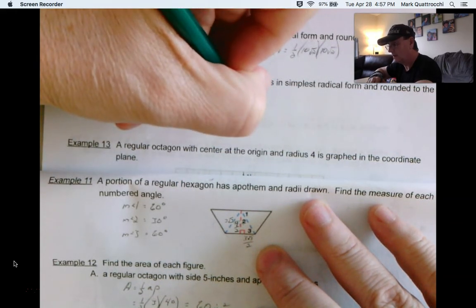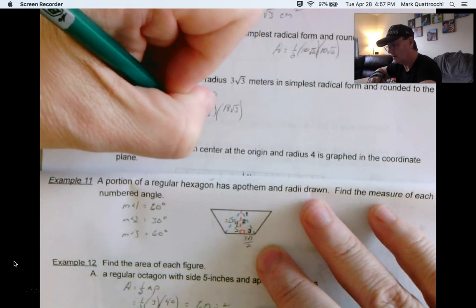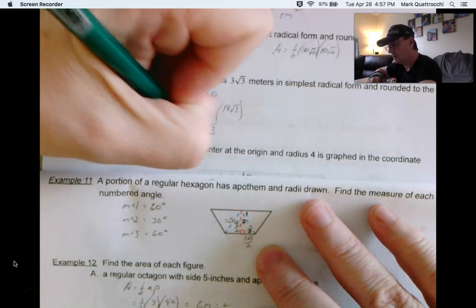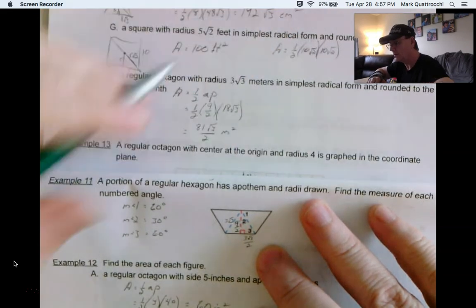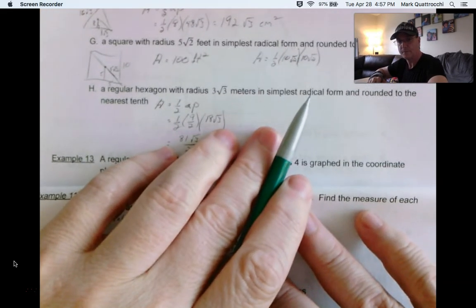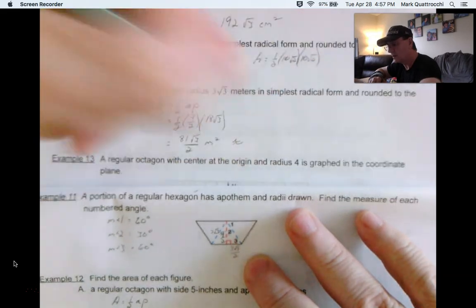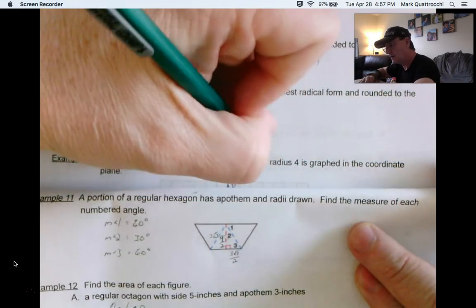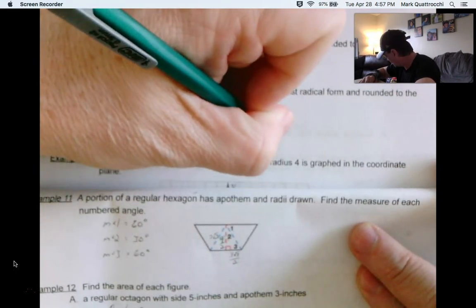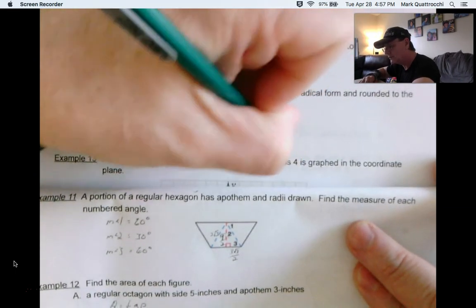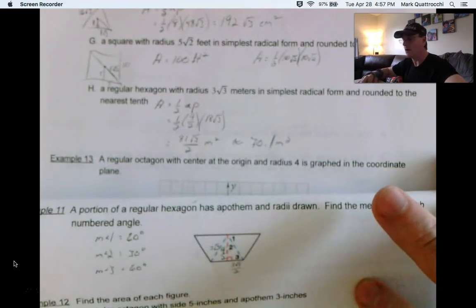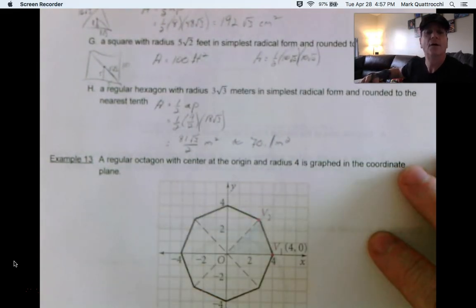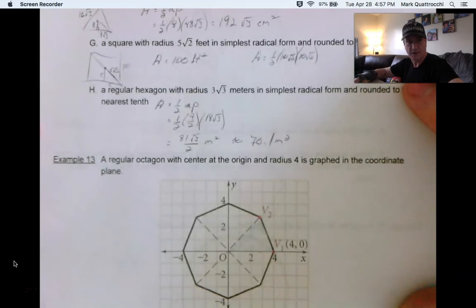So we got 81 square root 3 over 2 meters squared. That's simplest radical form. And rounded to the nearest tenth, 81 times square root of 3 divided by 2 is 70.1 meters squared. Those are our two answers for Example 12 part H.